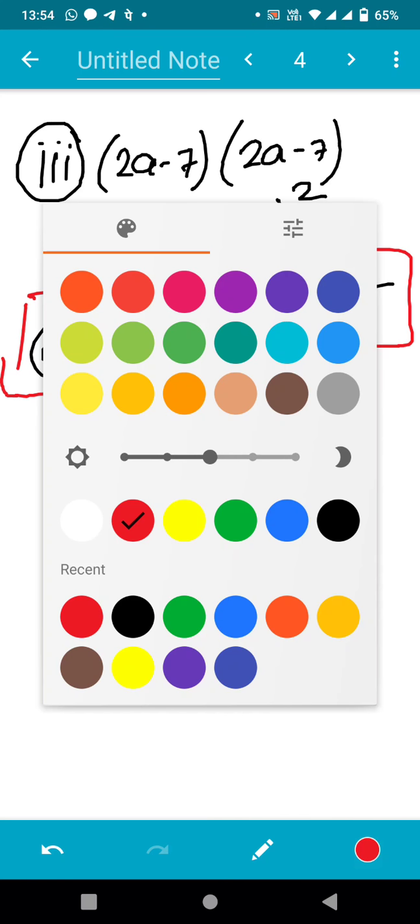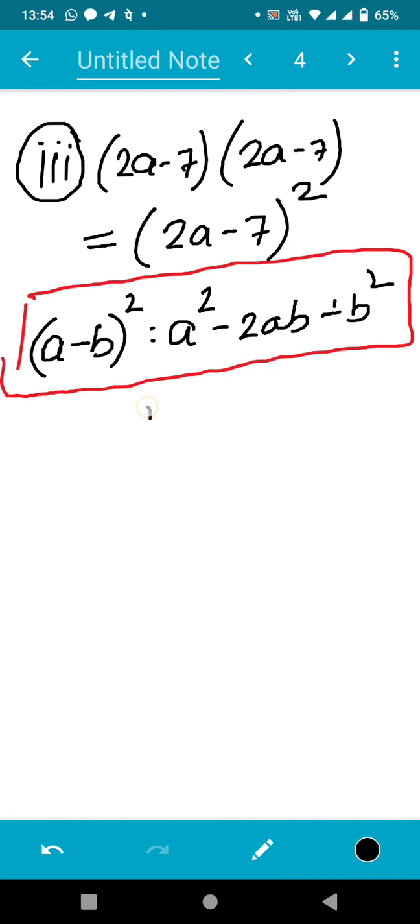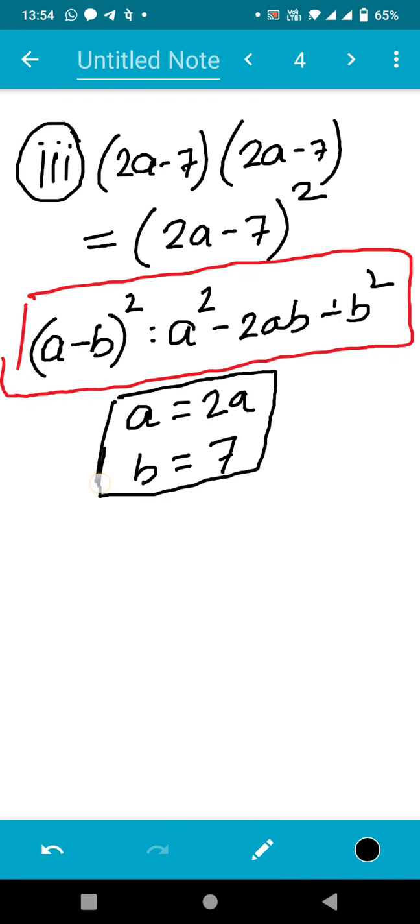Now what is there in place of a? In place of a, we have 2a, and in place of b we'll write 7, not minus 7, students, only 7. Okay, because this minus sign is already adjusted in the formula. Okay, so this is a plus sign, so we'll put it inside the box.